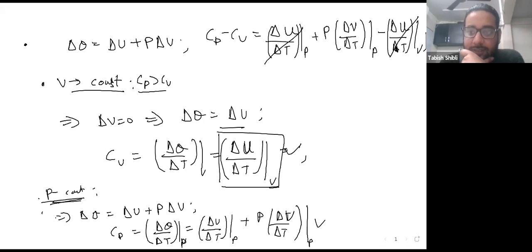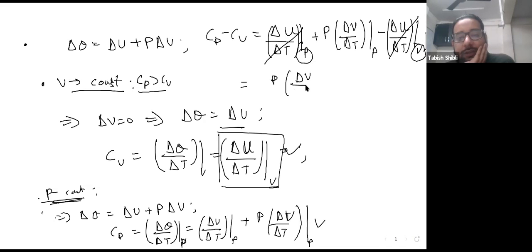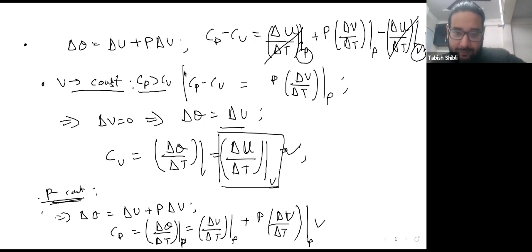So these two terms essentially cancel out, because both of them are independent of pressure and volume, so it doesn't matter. So this is just equal to P delta V by delta T at constant pressure. Now, this is essentially what Cp minus Cv is, right?